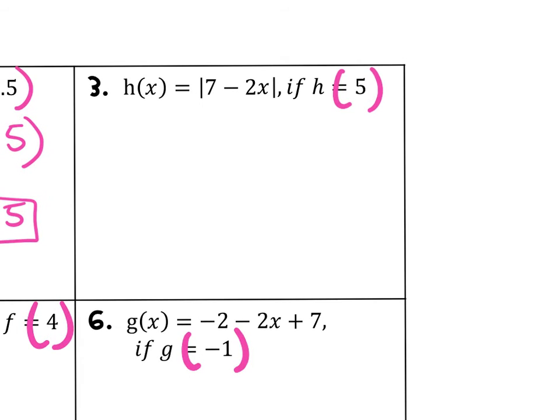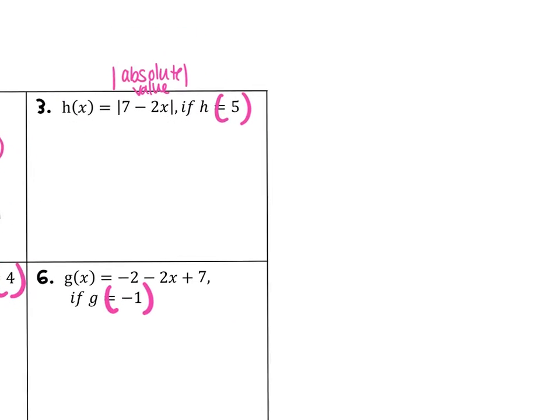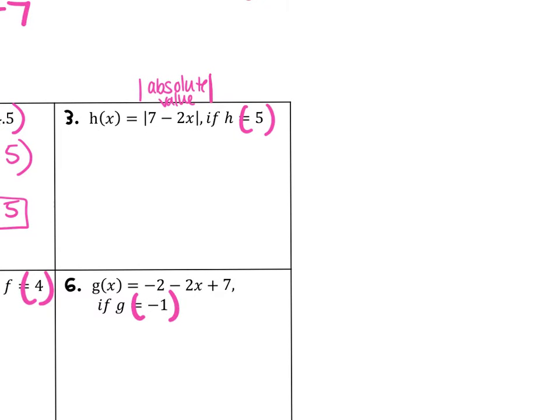Number 3, h of x equals, and these lines mean absolute value. I'm not sure if you can type those in the calculator. You would have to explore a little bit. You probably can, but just to give you a quick reminder of what that is.